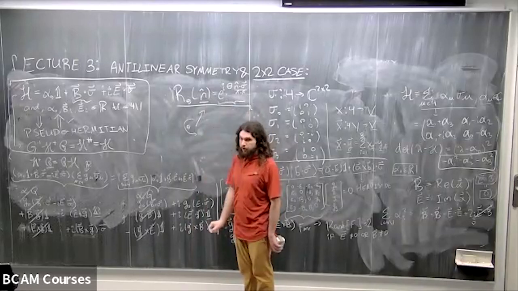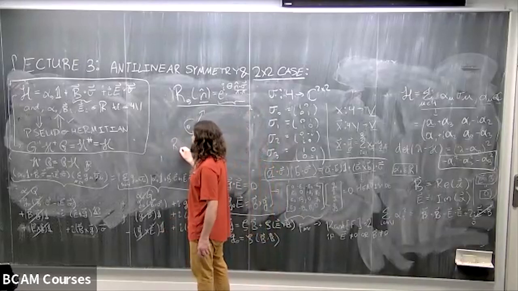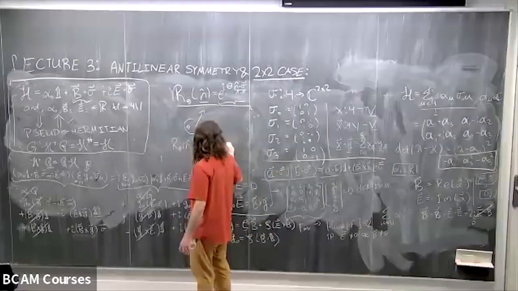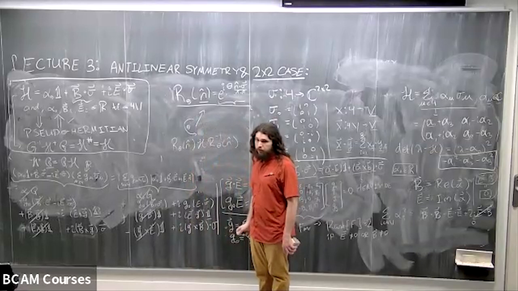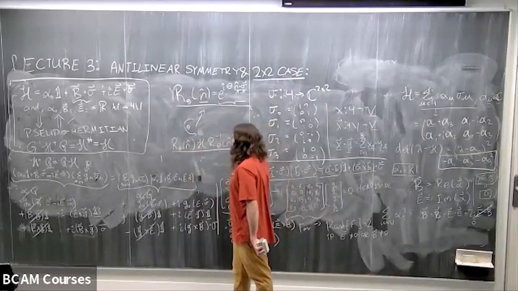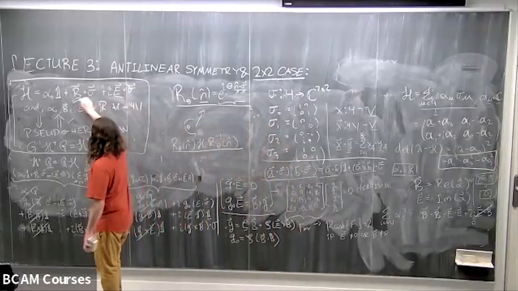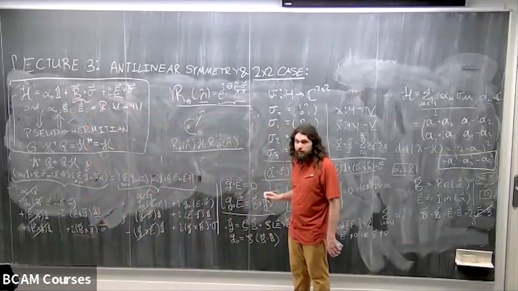So that means that it's invertible. And furthermore, what it means is that you can do this operation. So you can construct this similarity transformation of your matrix, and this ends up having the effect of performing rotations on E and B. This is something that you can verify at some point if you'd like.